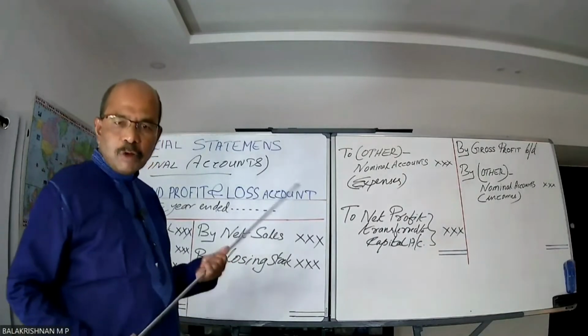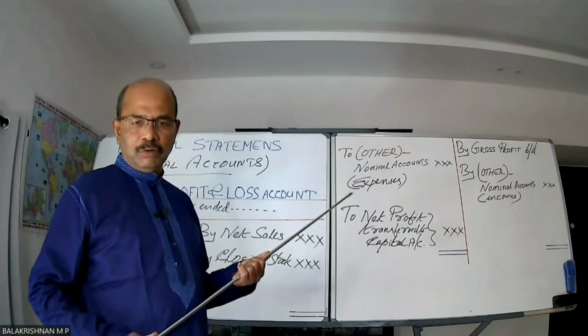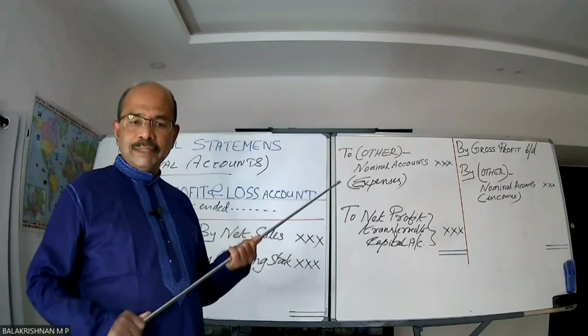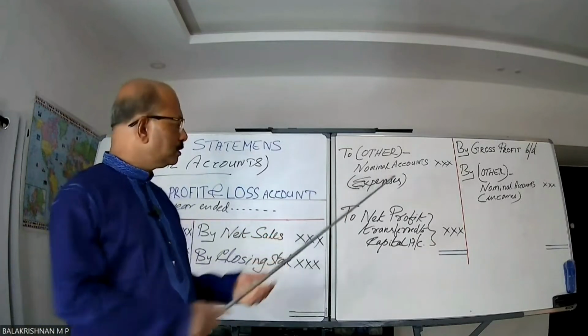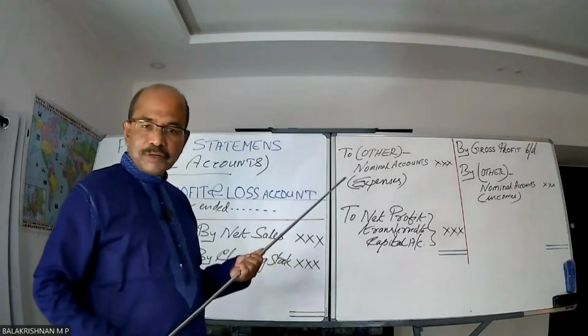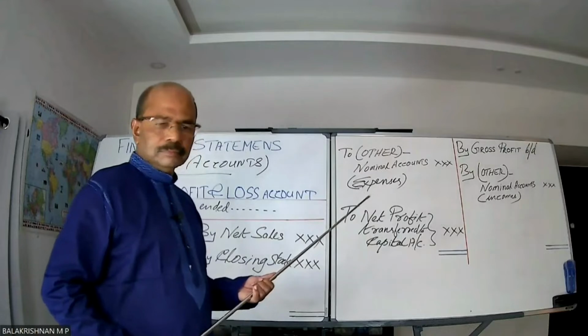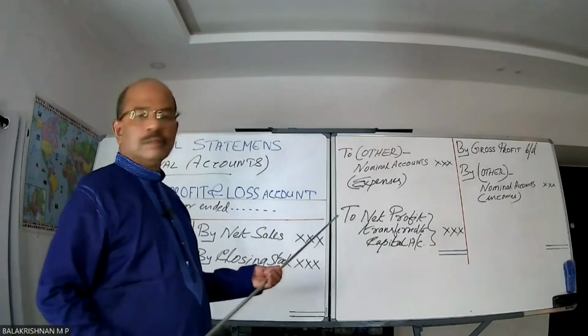Thereafter, the left out items in the trial balance will consist of all kinds of accounts. I mean, nominal accounts, personal accounts, real accounts. Among that, you concentrate only on nominal accounts and pick up all debit nominal accounts in the debit side of the profit and loss account, and all credit nominal accounts in the credit side. And the net result will be your profit.